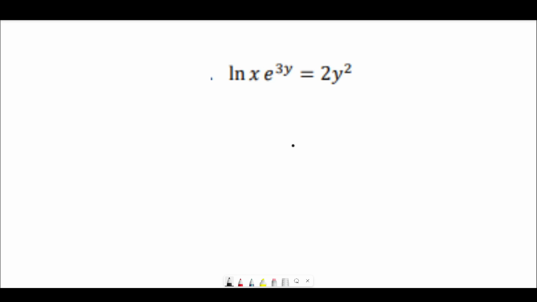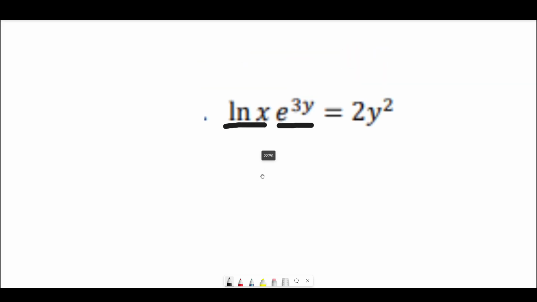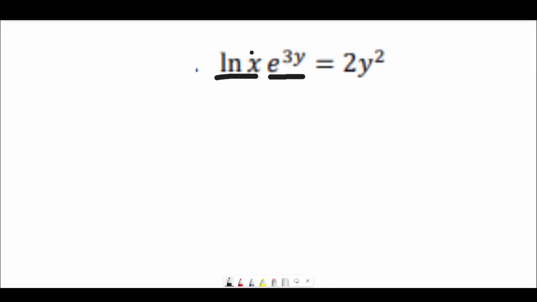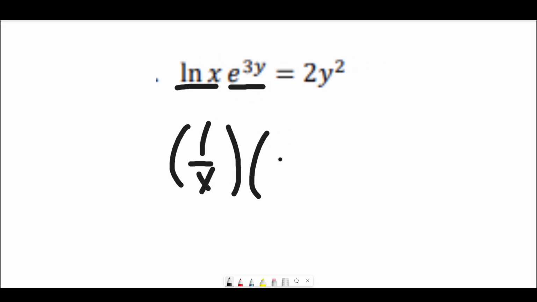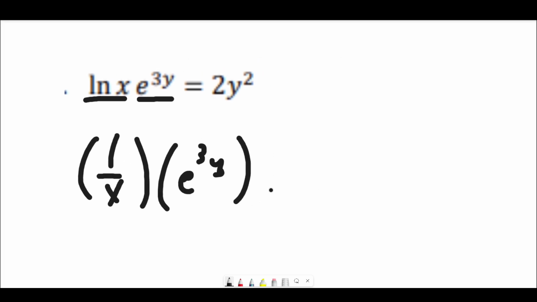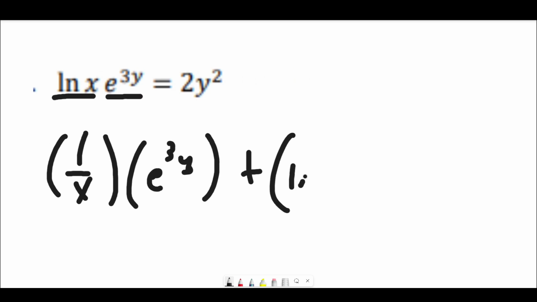Immediately when I see this question, I see two functions, ln x and then e to the 3y. So I know I'm going to have to use the product rule to derive this equation. So we get ln x, and we're going to take the derivative of that because we're going to use the product rule. So that's just 1 over x. We're going to keep the second function the same. So 1 over x times e to the 3y plus ln x.